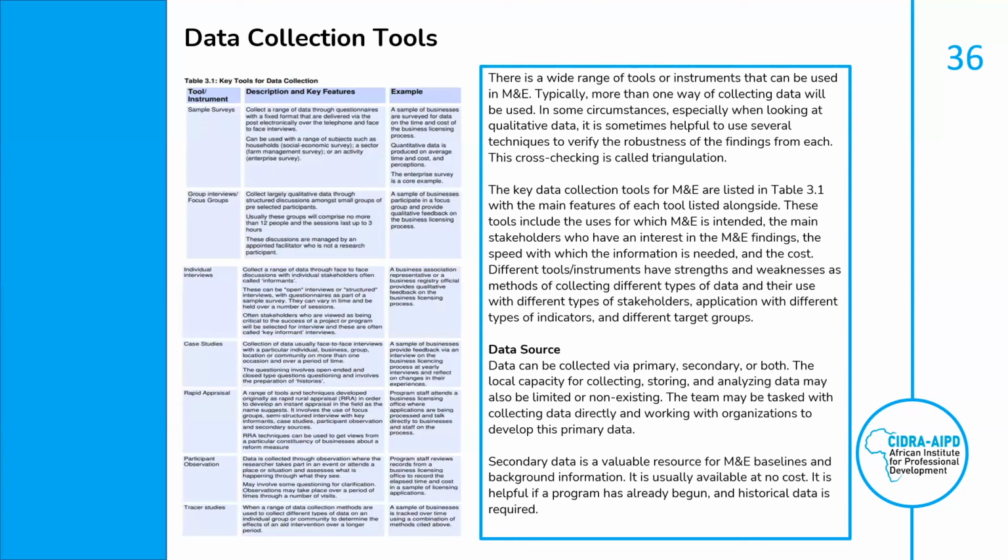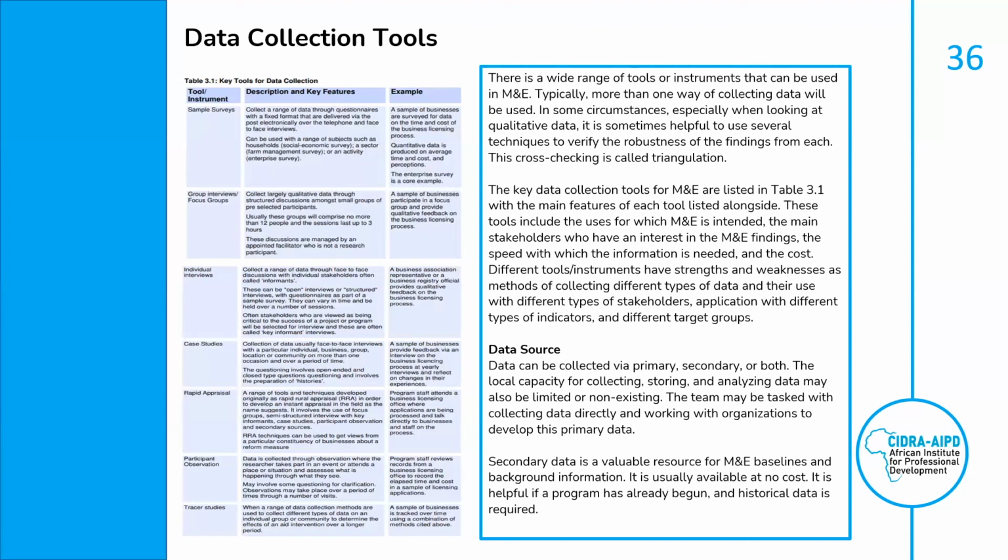Different tools and instruments have strengths and weaknesses as methods of collecting different types of data, and their use with different types of stakeholders, applications with different types of indicators, and different target groups.